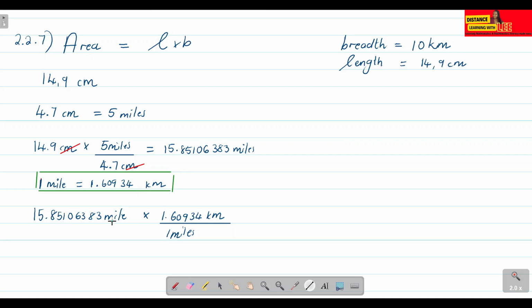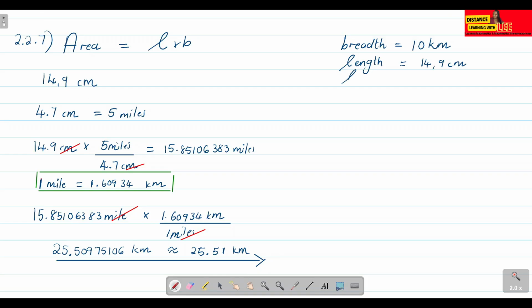The units for miles and miles cancel, and you'll get that your final answer is equal to 25.50975106 kilometers, which is approximately 25.51 kilometers. All right, so we've now converted the length into kilometers.